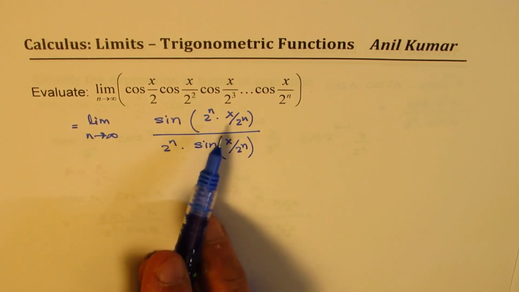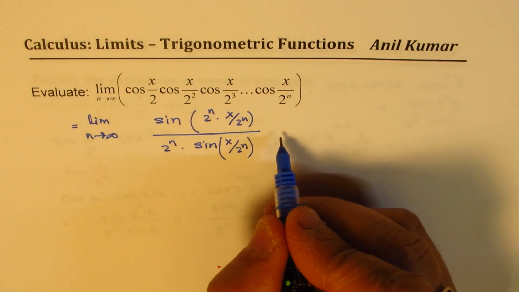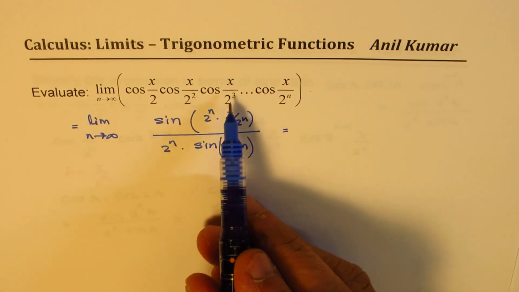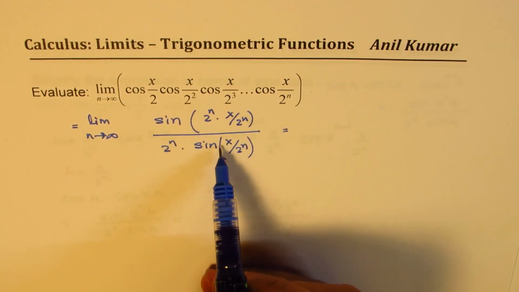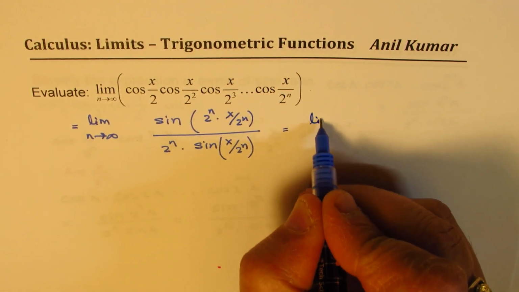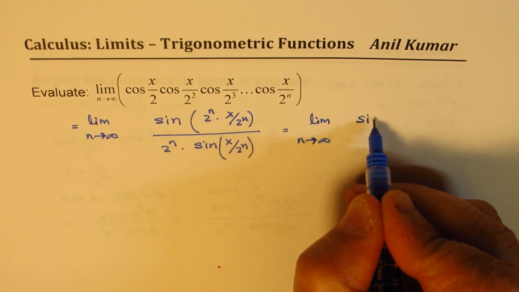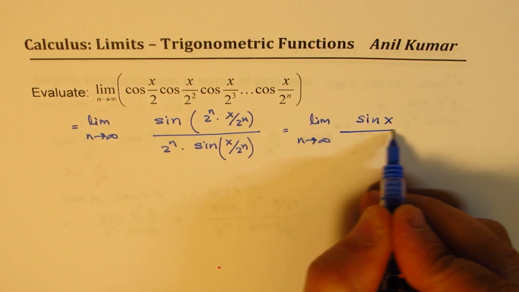So that is how we can actually write this series. And now, n approaching infinity, we can easily find this limit. But the critical part was to get to this expression from the original condition given to us, right? So we could write this as limit n approaches infinity. Simplify this, we get sine of x in the numerator.